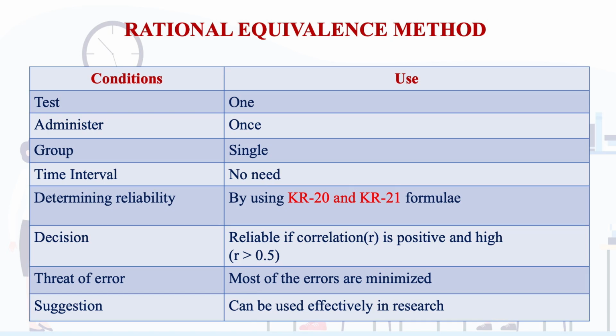Just like the split half method, here also a single test will be there, administration will be done only once, and the group will also be one. So there is no question of giving any time interval, and the errors, carryover effect, memory effect, and practice effect will also not work here, because you are not going for re-administration or retesting, and you are developing only one test.